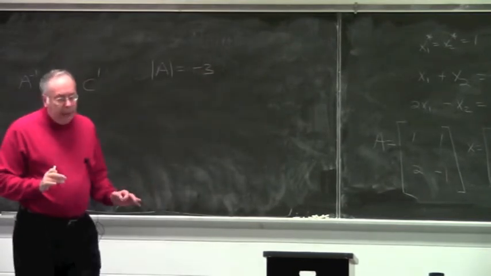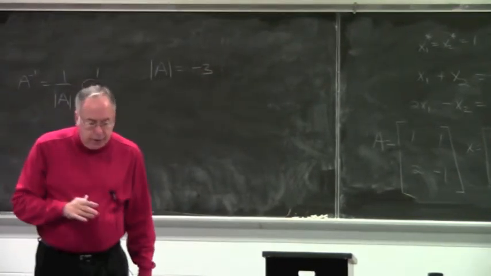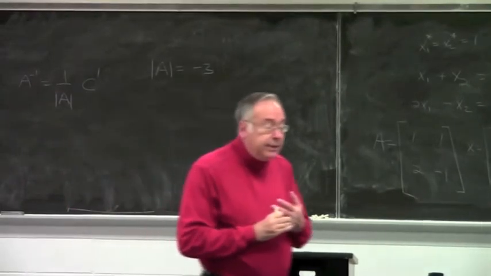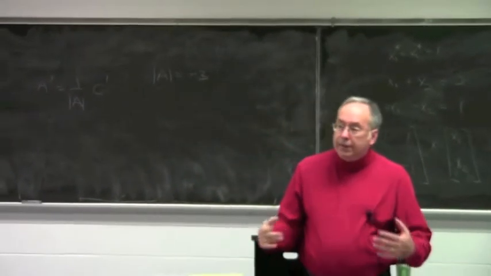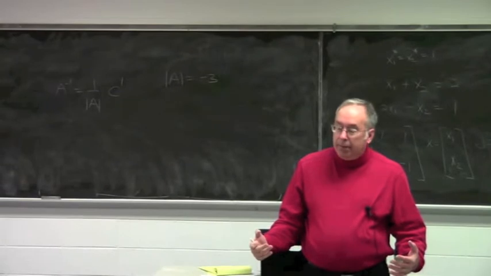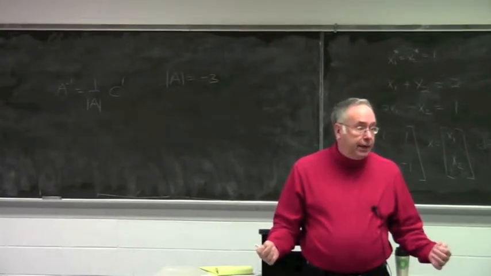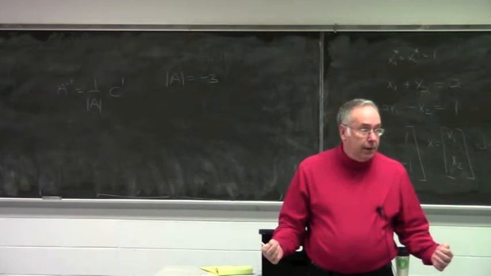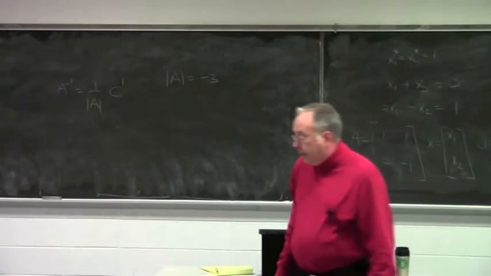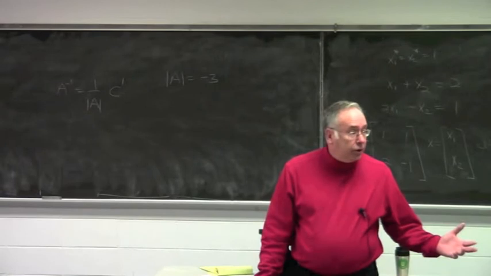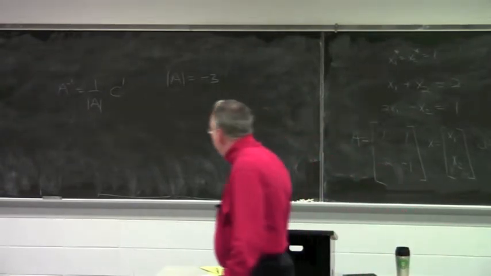Notice, had we found the determinant of A to be 0, we could stop. Because then we would know that A inverse does not exist. Okay, but we're okay. Because in this case, the determinant of A was not 0. See, we run into problems.